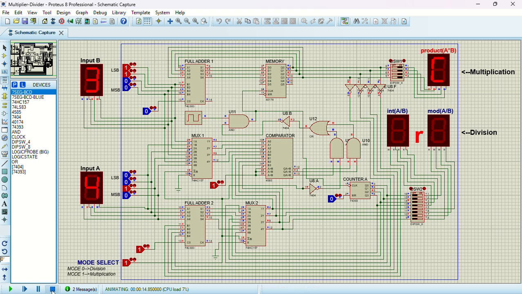Let me try another example. Let's try 3 times 3. 3 times 3 is 9. Let's try 2 times 3, 6.